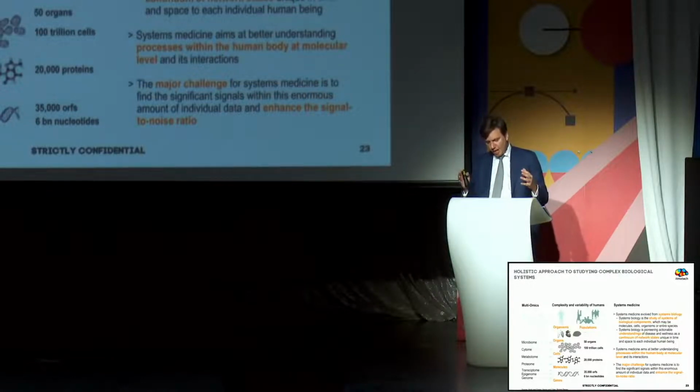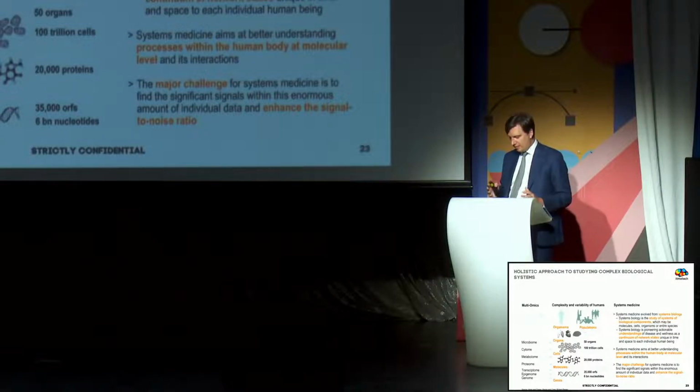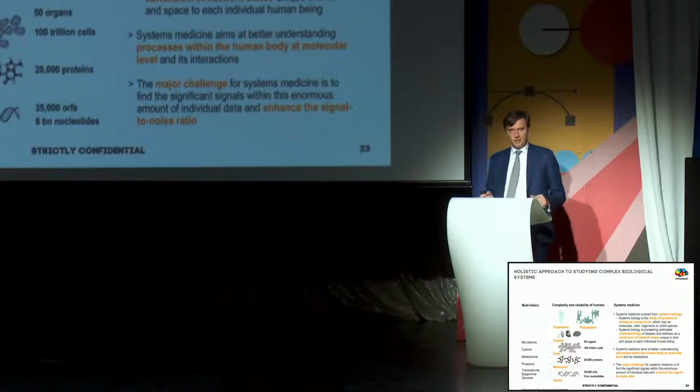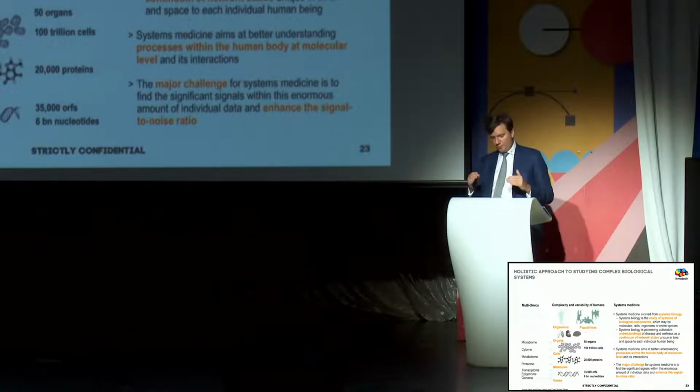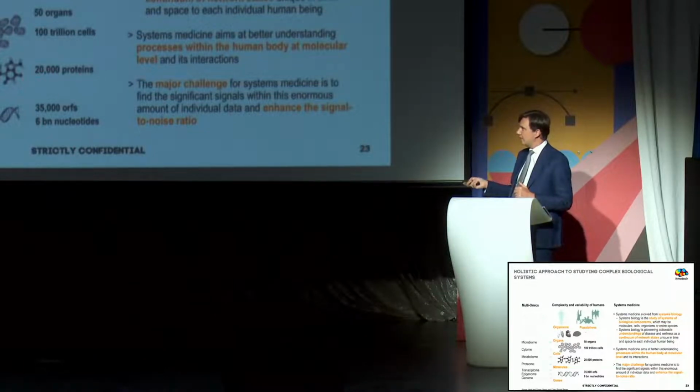And the epigenome is a way to control the expression of specific genes. The transcriptome deals with RNA, and we'll be talking about RNA a bit today. The proteome is the level of proteins, which are coded by DNA.